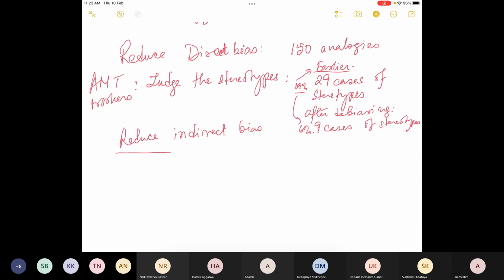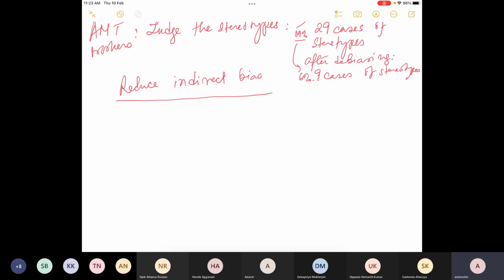Now, how did they check that the indirect bias is reduced? So there is no ground truth for this. It is difficult to show that the indirect bias is also reduced after they had run the debiasing algorithm. So in order to show this, they resorted to the same football softball example, and they just showed it against that example.